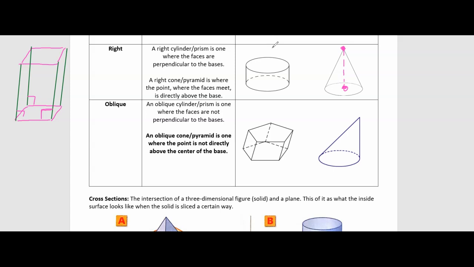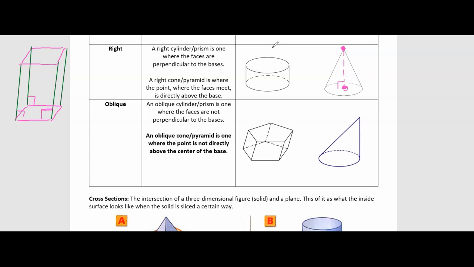So you could think of it as if you drew this down to the exact center and there was a right angle there, then that would be considered a right cone or a right pyramid.